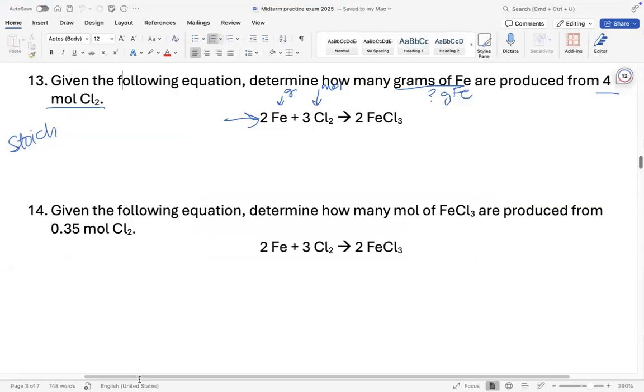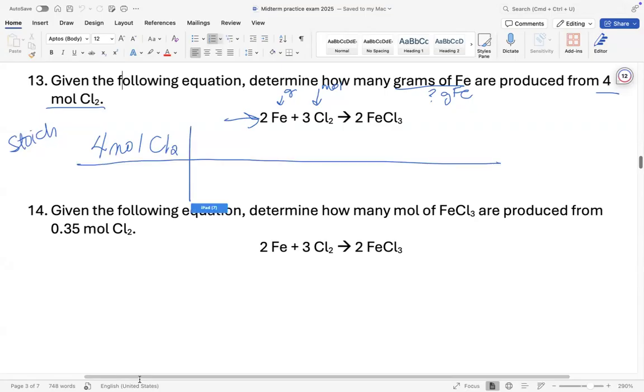All right, so I'm going to start with my given on top, 4 moles of Cl2. That's an ugly 2. So I start with my given on top, and I can switch substances. So I can put moles of Cl2 on bottom, and then I want to go to moles of my desired substance on top.